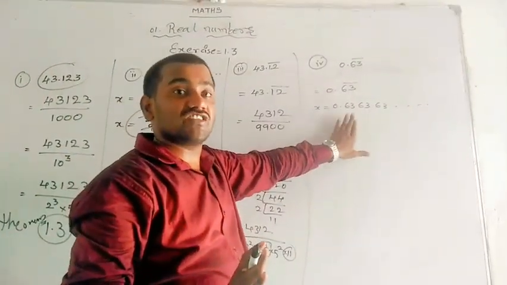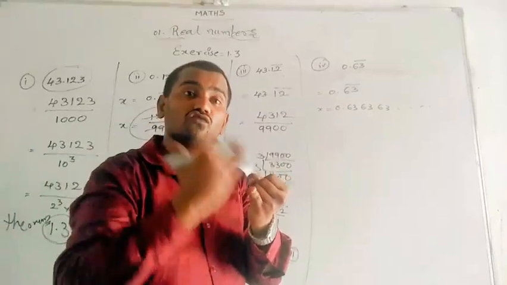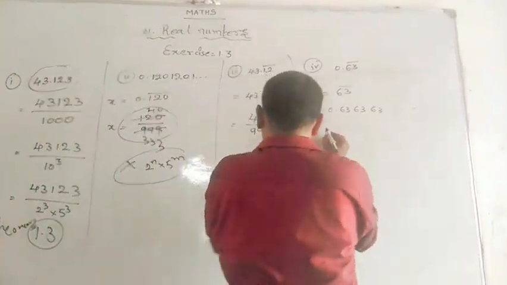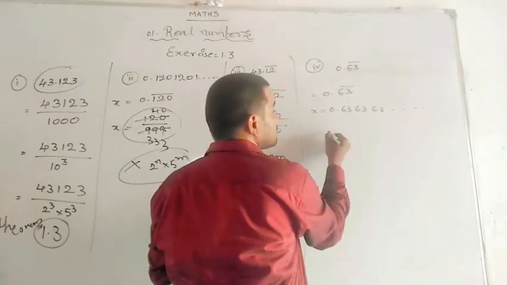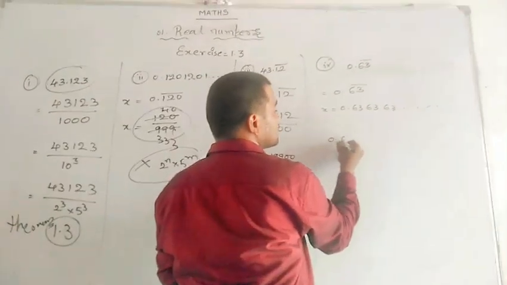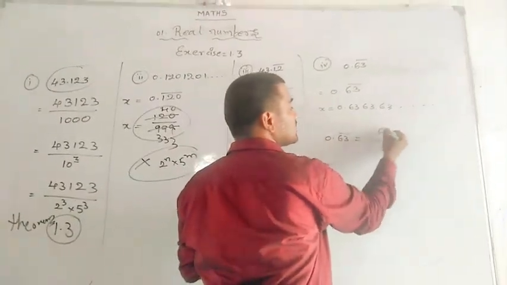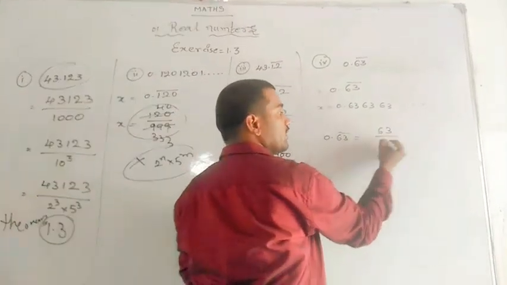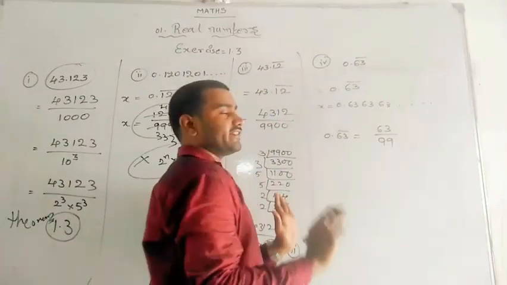The prime factorization of this denominator should not be in the form of 2 to the power of n into 5 to the power of m; that was the theorem. Let's see, we express 0.63 bar as 63 by how many digits are under the bar, 2, so 63 by 99. That's it.